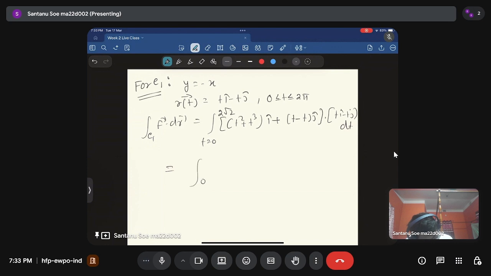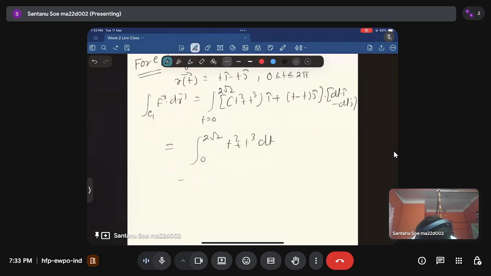So this will be the integral of t squared plus t cubed dt. This is t cubed by 3 plus t to the power 4 by 4, from 0 to 2 root 2.